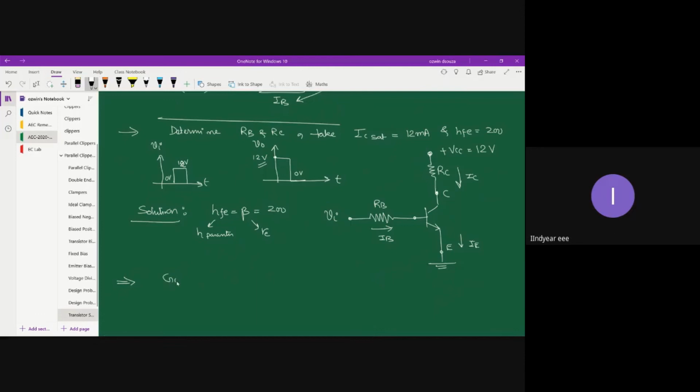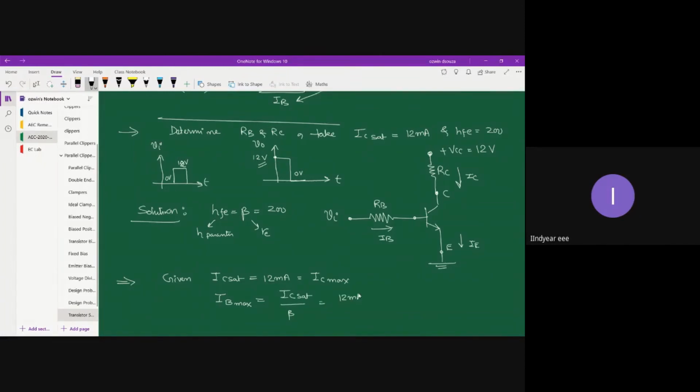So given IC saturation is equal to 12 milliamperes. Hence you can find, IC saturation is basically the maximum collector current. So the maximum collector current is given, hence you can find IB max, the maximum base current, which is IC saturation divided by beta.